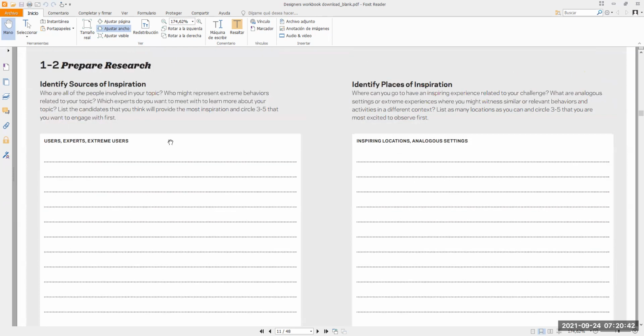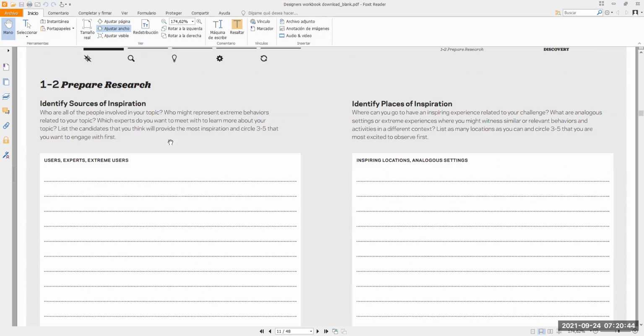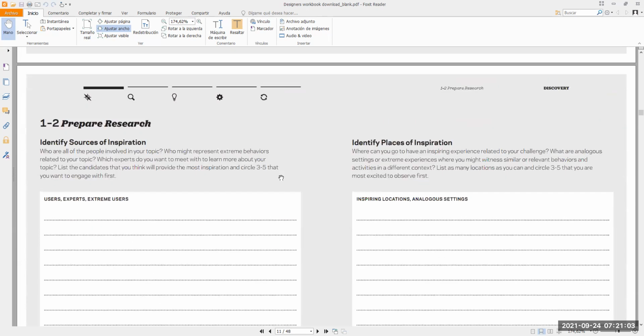But people that you know that could be identified as users or experts or even extreme users. Always remembering that the extreme user is a person who needs pretty much everything you offer, in other words, your ideal client or user. Okay, then on the right it says identify places of inspiration.